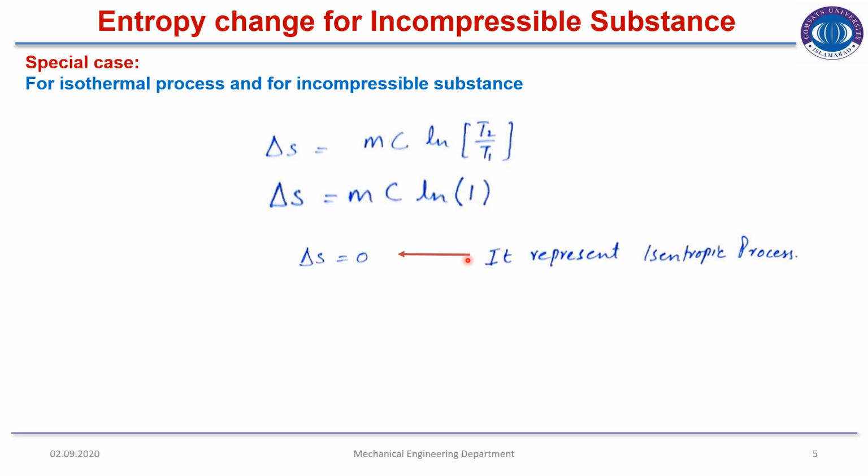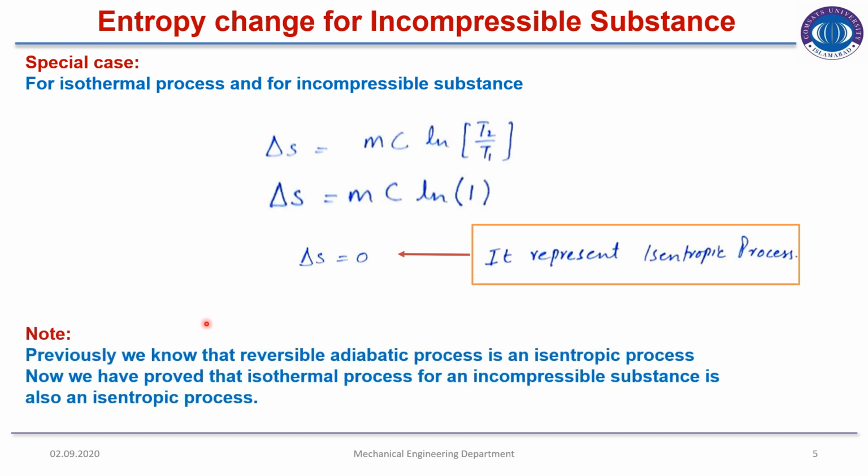Whenever an isothermal process is happening on a liquid or solid, that is a special case, and during that process the entropy of the system remains constant. Previously we knew that a reversible adiabatic process is an isentropic process. Now we have proved that an isothermal process for an incompressible substance is also an isentropic process.